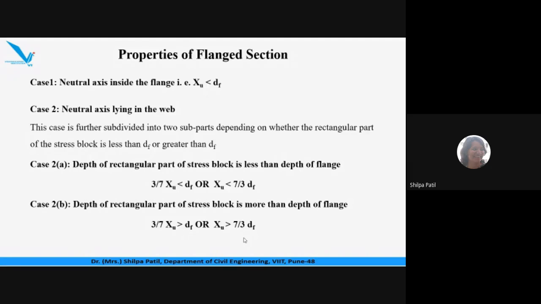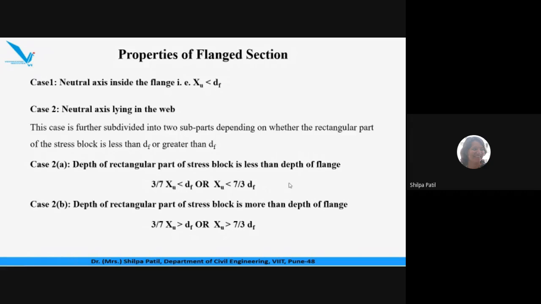Based on this concept, we have to consider the second case in this problem, that our Xu is greater than Df. Now, when we consider the second case, again there are two cases. If you consider case 2a, that is your Xu is less than 7 by 3 Df, we need to consider yf also, and the yf formula consists of Xu.